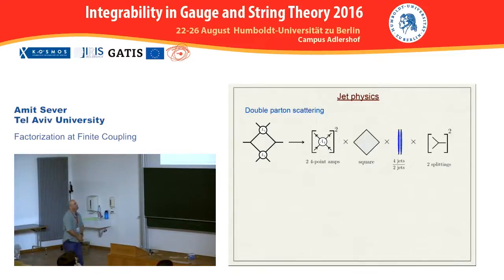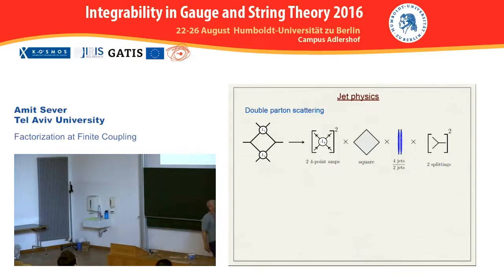Last thing is this double parton scattering. This really, as opposed to the previous example, involves a new ingredient. What happens here is you have a particle that is being split into 2 collinear parts that are separated by a large separation in the transverse direction. Then you have these 2 4-point amplitudes taking place at a very large distance from each other, and the result factorizes on them.